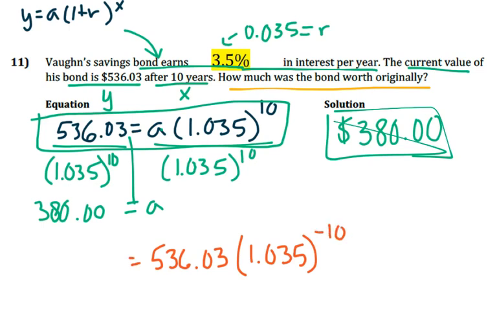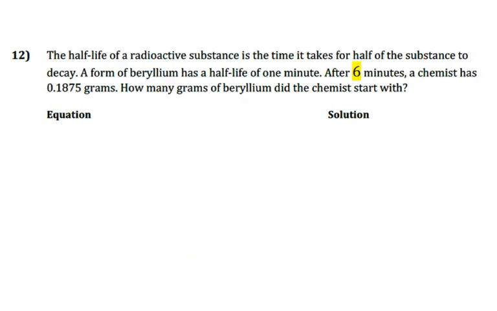So we could set this up as y is equal to 536.03 times 1.035 raised to the negative 10th power. If you put this into your calculator, it actually does result in our solution. So go ahead and put it in and make sure you can see that this works. It's your preference on which way you want to do it. We'll go ahead and set them both up for number 12 as well.